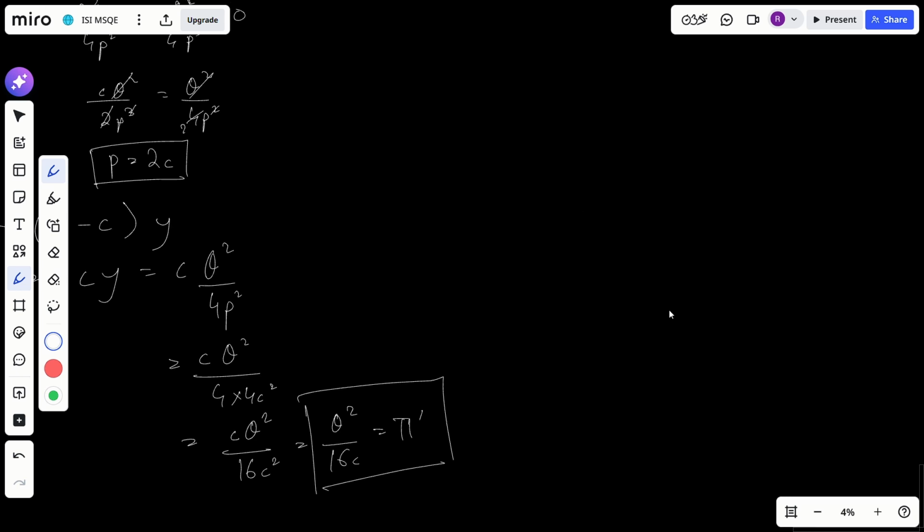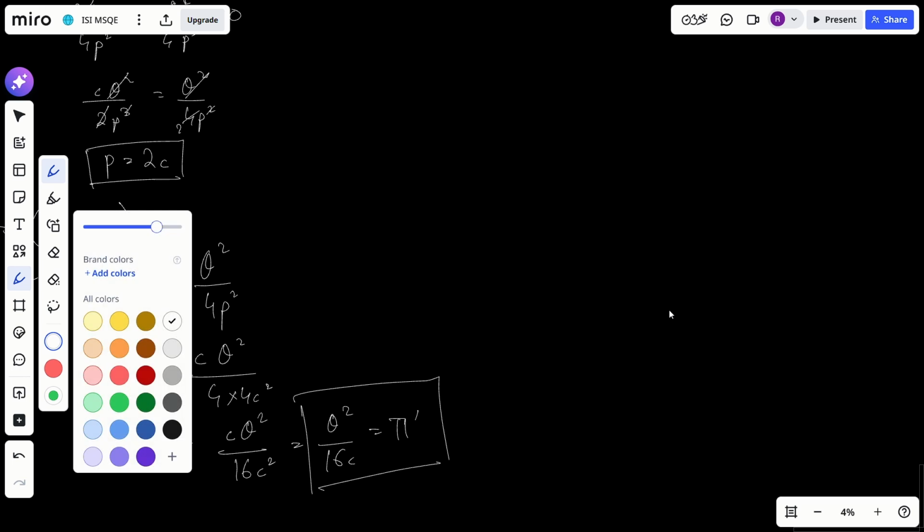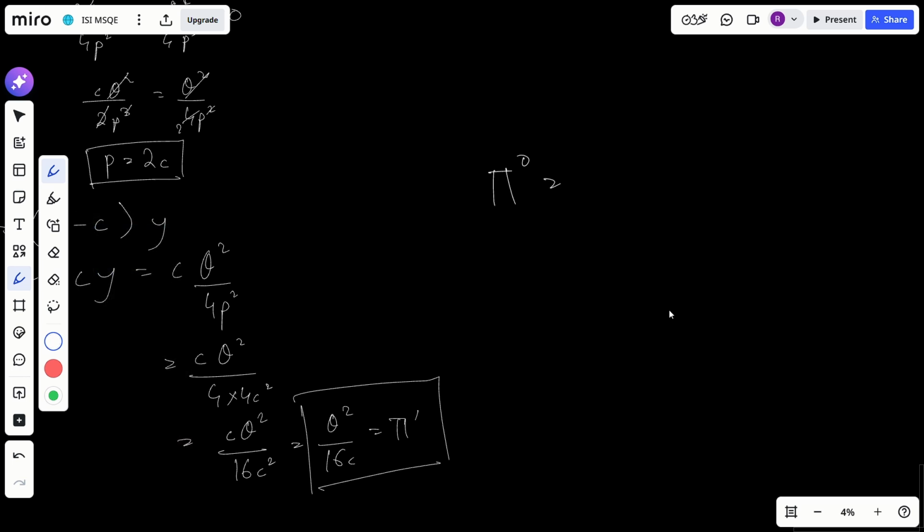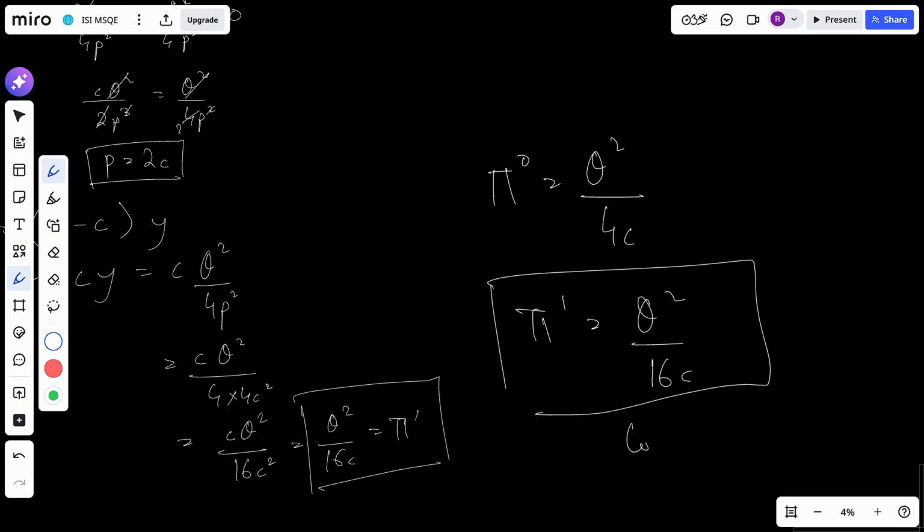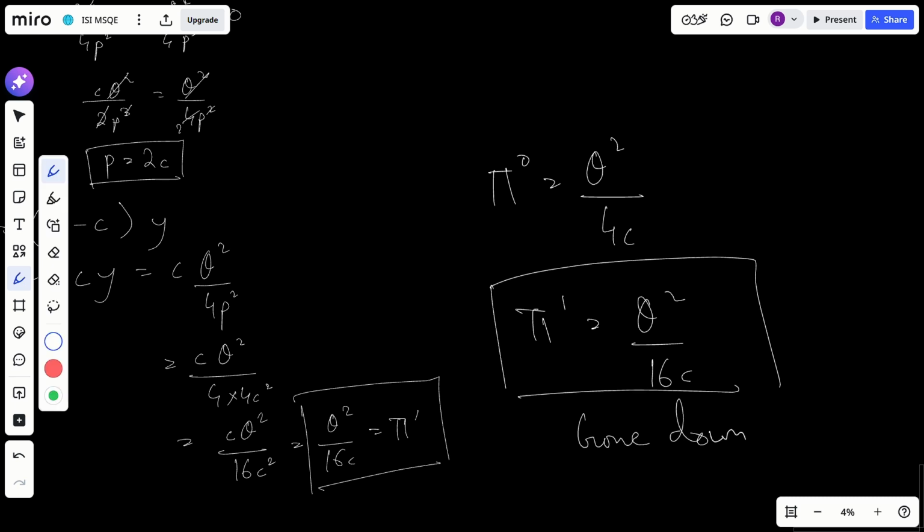Our initial profit was theta square by 4c. Now it has become theta square by 16c. So you can see that the profit has gone down.